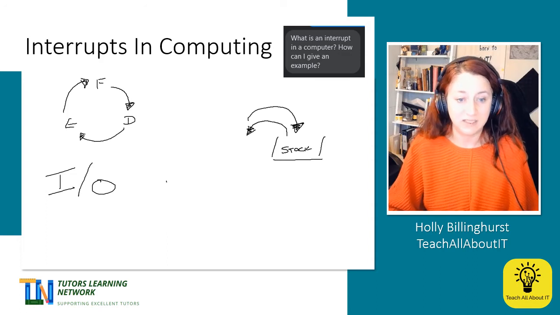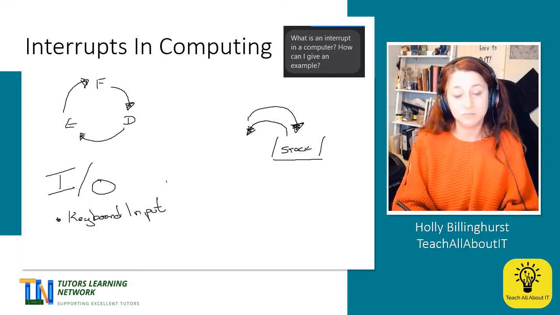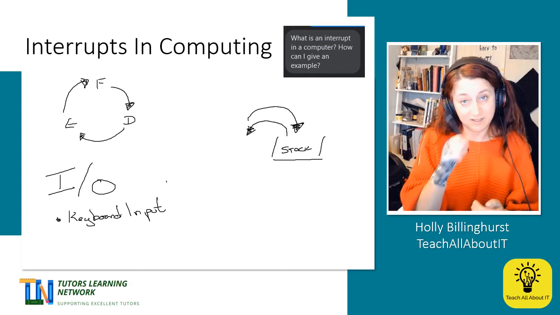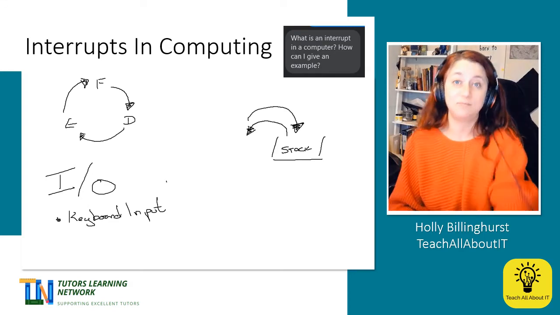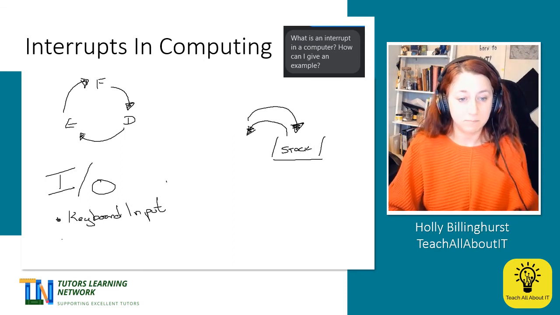That could be keyboard input. So what I am doing right now, I am using my pen to write on the board. That is a keyboard input. It's taking what I'm doing and putting it onto the screen. So your keyboard input, it might be something from a peripheral.